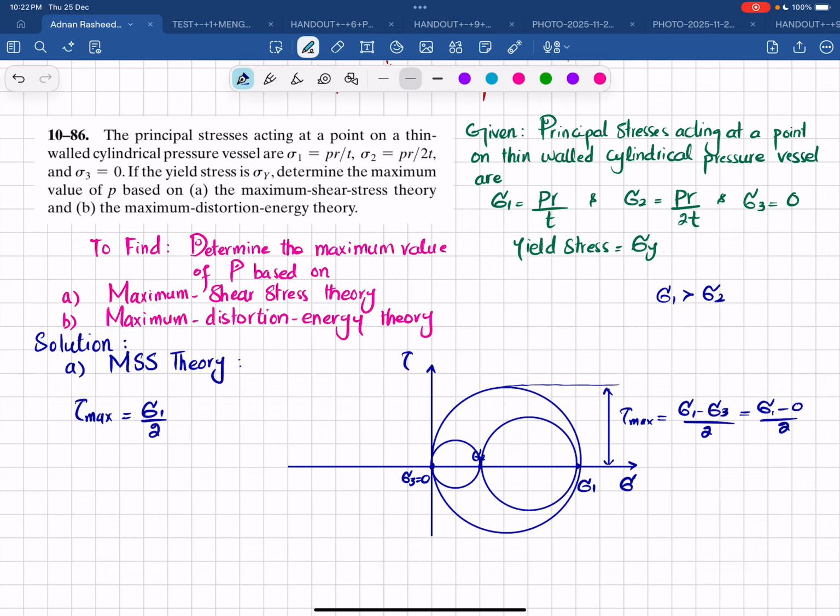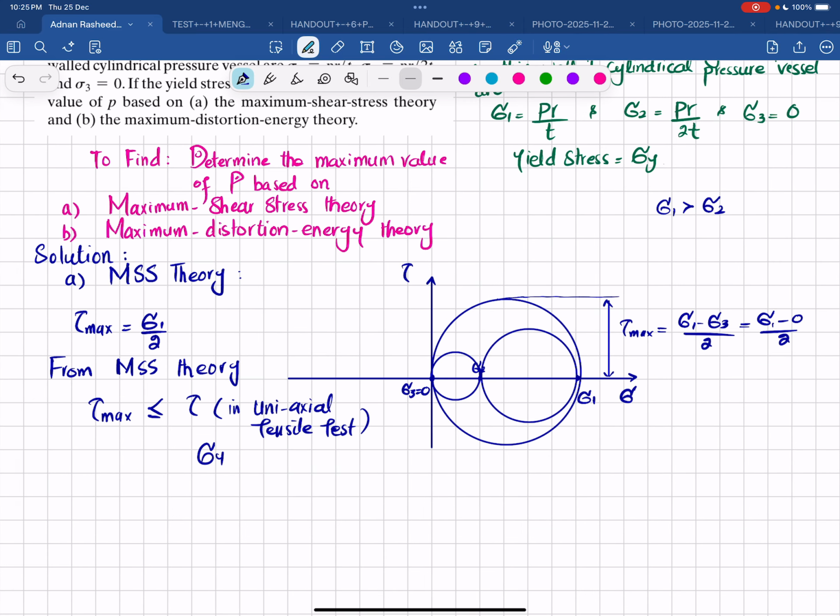Now from MSS theory, we know that the maximum shear stress should be less than or equal to the shear stress in a uniaxial tensile test, which is equal to sigma yield divided by 2.